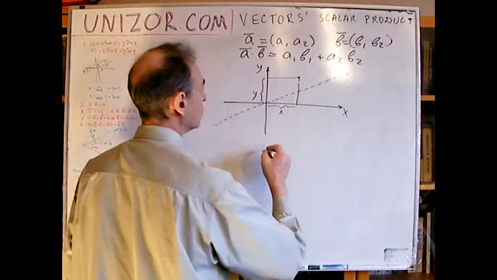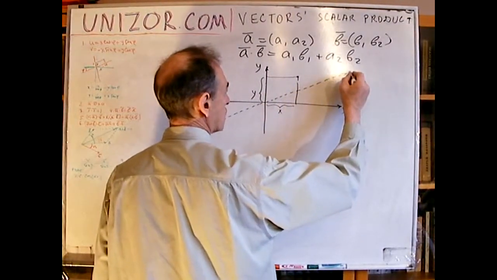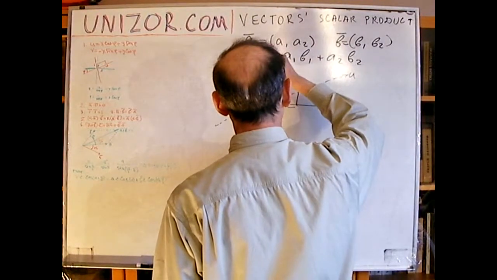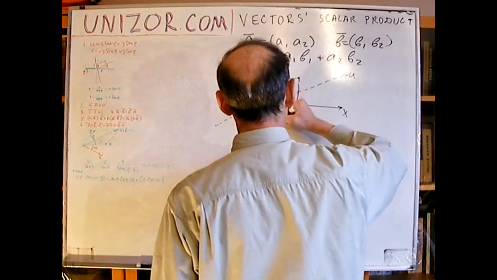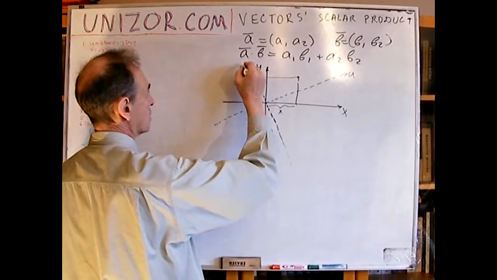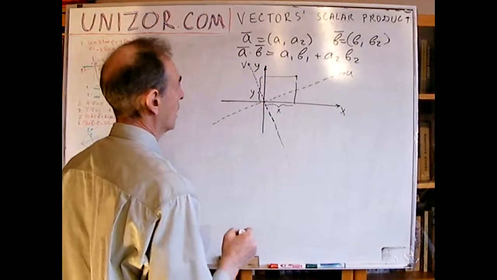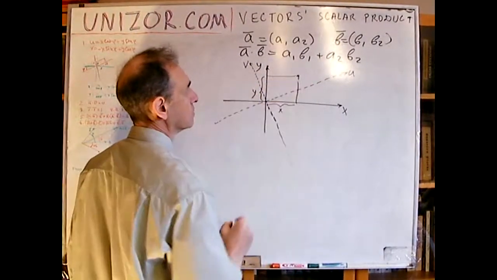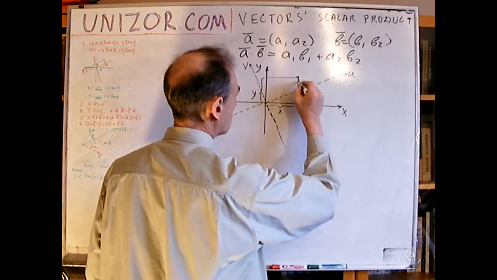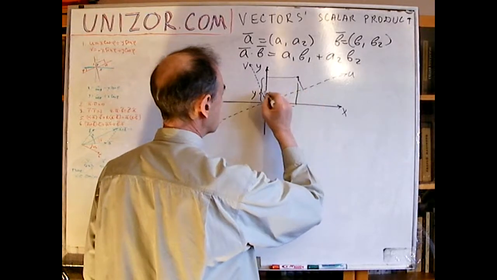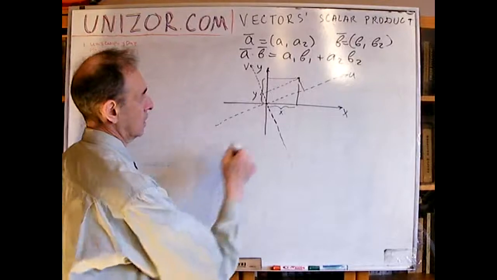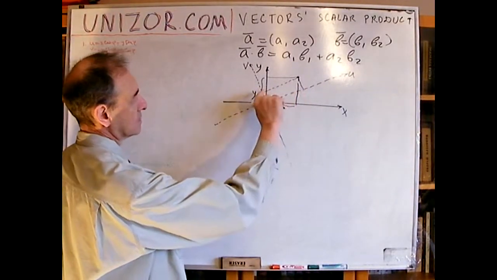This would be my new abscissa axis, which I will call u, and this would be my new ordinate axis, which is, let's say, v. Now, the coordinates of the same point, which used to be x, y, now will be u, v. So, this segment is u, and this segment is v.